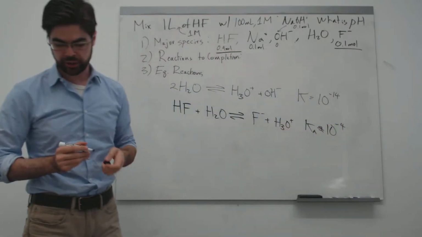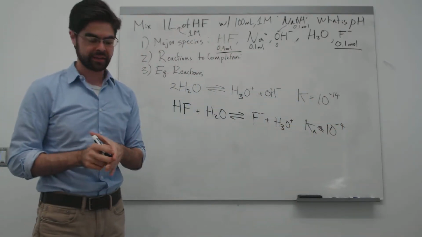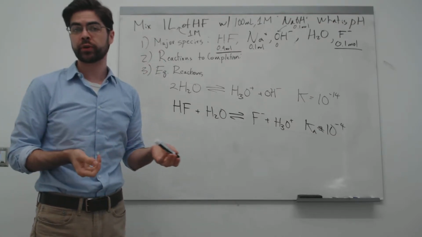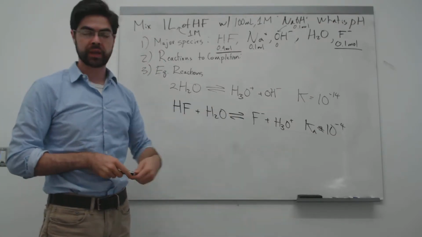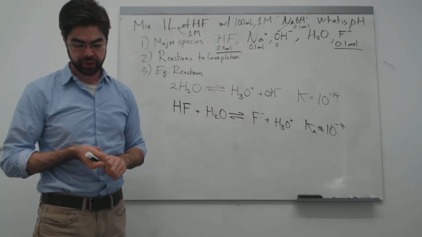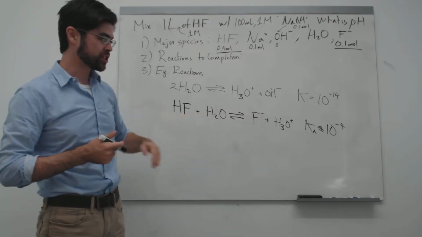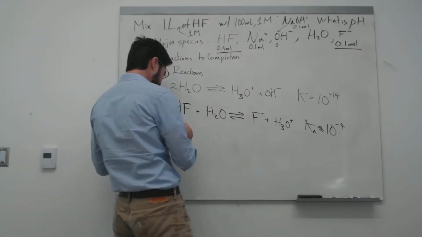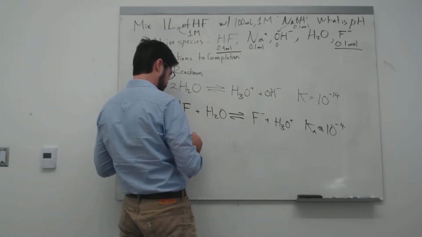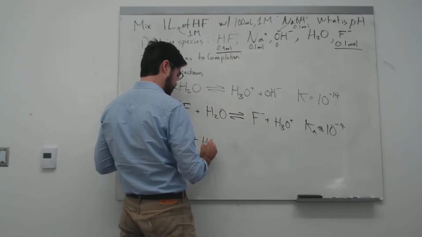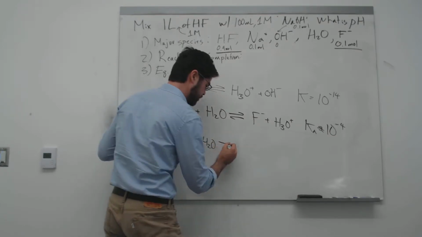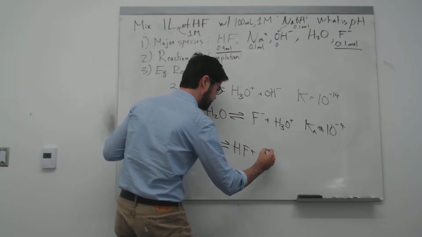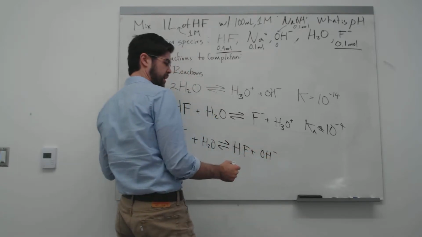Again, I would need to look that value up, and I did look that value up, and I obviously didn't give that to you initially, but if this were a real problem, I would give you the actual Ka for HF. Technically, since fluoride is a weak base, this reaction is also possible. Fluoride can react with water and produce HF and hydroxide ions.